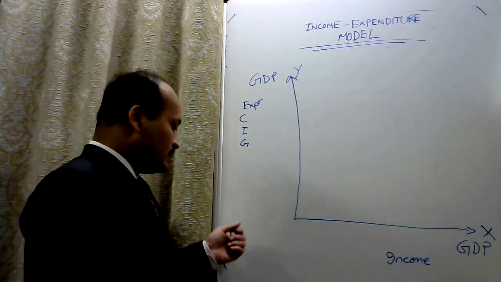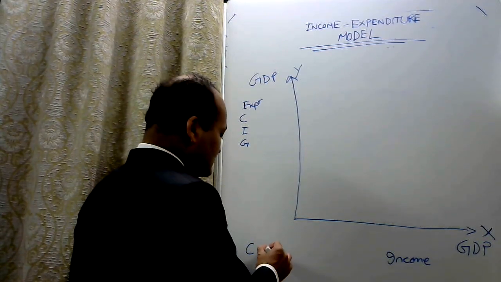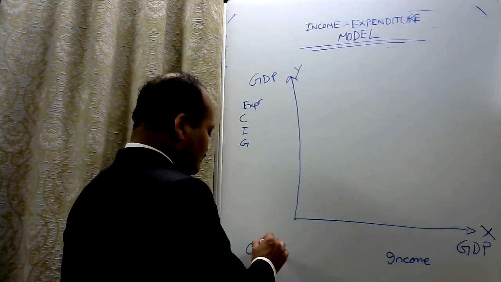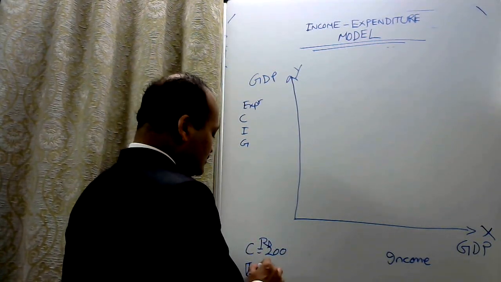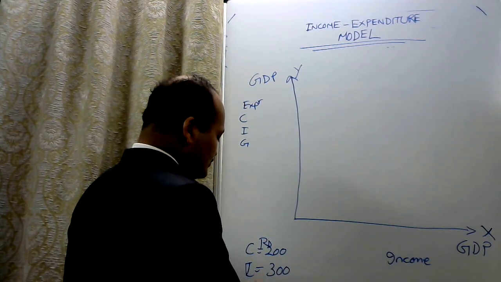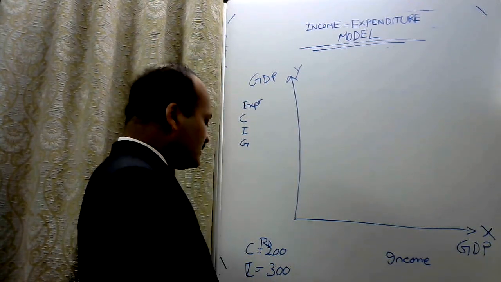Now, suppose C is arbitrarily given at, say, 200 rupees, I is given at, say, 300 rupees, and G, government spending, is, say, 100 rupees in this economy.